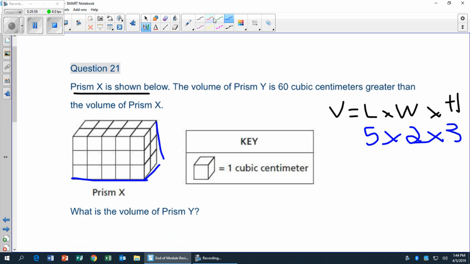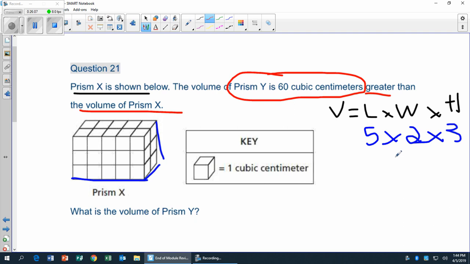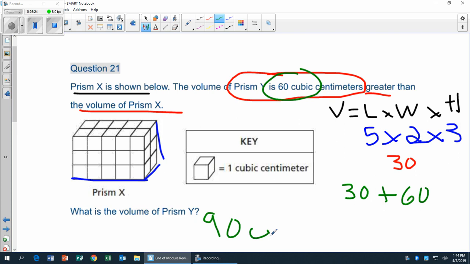The volume of prism Y is 60 cubic centimeters greater than X. So if we figure out X still, we end up with 30. But now it's telling us that it's 60 greater. So if we have 30 and we add our 60, we end up with a volume of 90 cubic centimeters.